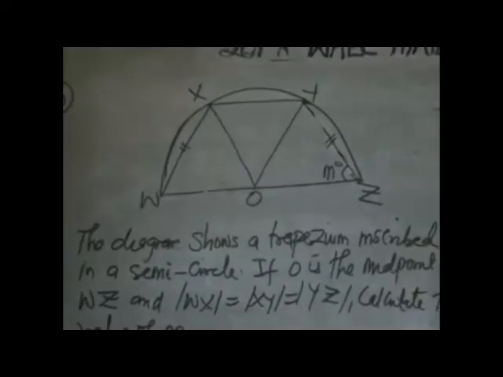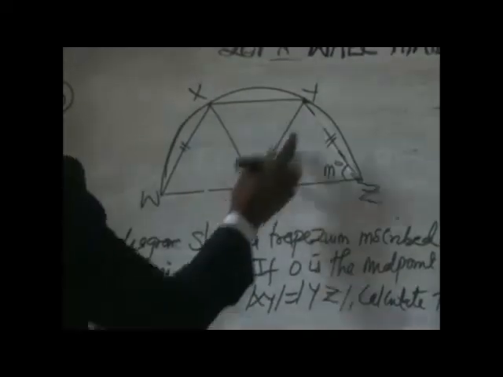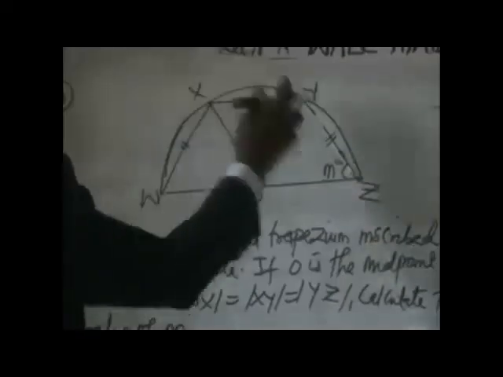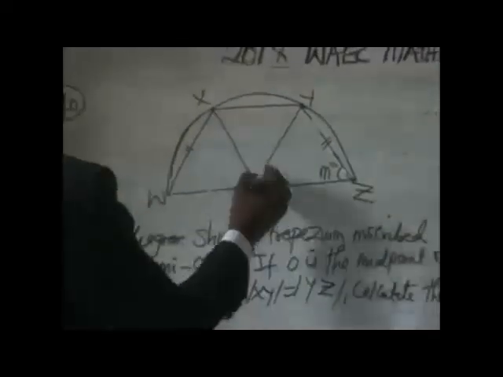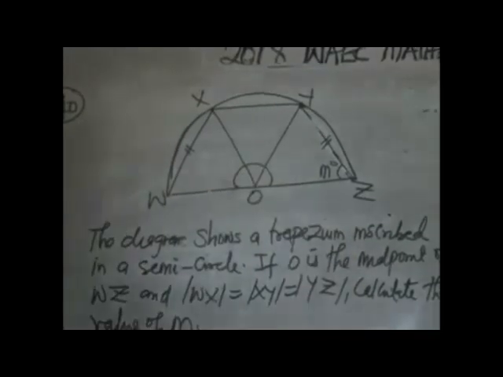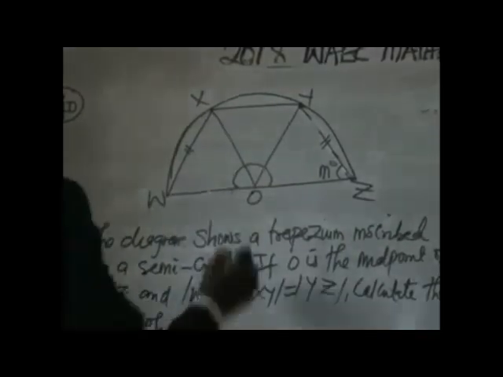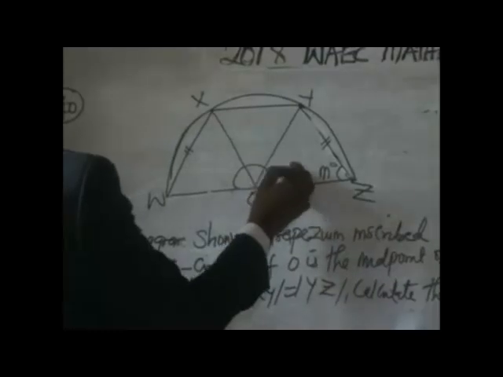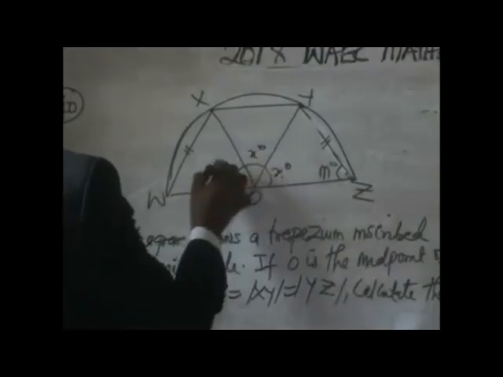So for us to solve this, this is a triangle, this is another triangle, this is a straight line. So these angles must add up to 180, because angles on a straight line equal 180. So let's represent it by X. This is X degree, X degree, X degree.